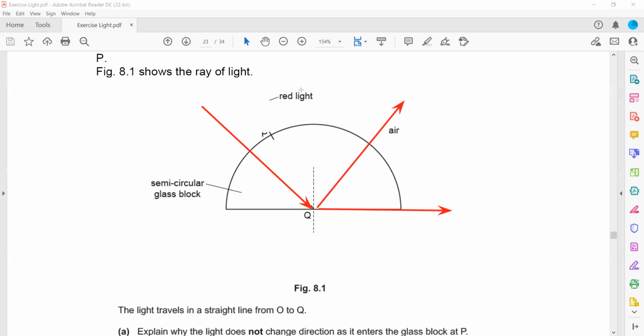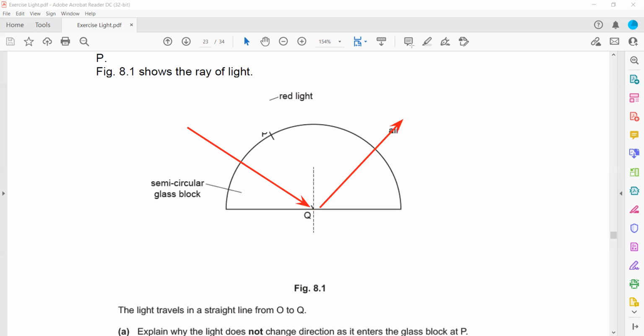This angle of incidence will be equal to the critical angle. And if we further increase the angle of incidence, what will happen? There will be no refraction. All of the light will reflect back, and we call that total internal reflection.